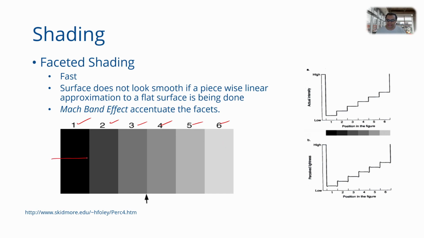Now if you take an intensity profile along a scan line, then the actual intensity should look like this step function when you go from 1 to 3 to 4 to 5 to 6. However, due to the Mach band effect, what we end up perceiving is a slightly larger discontinuity at the border between these facets. That makes these facets look more non-uniform.